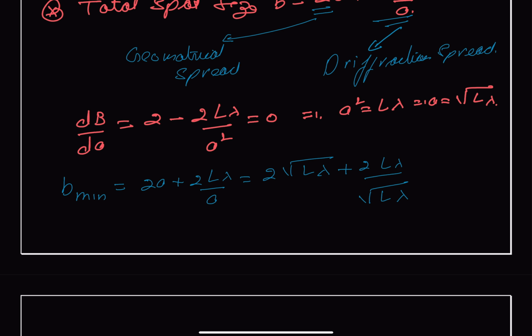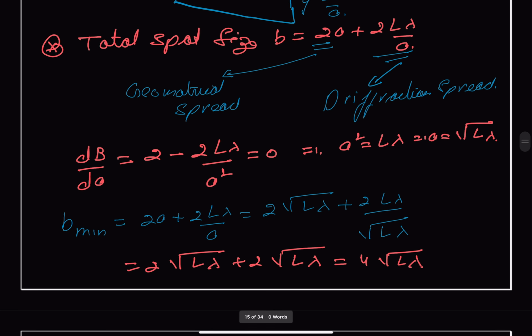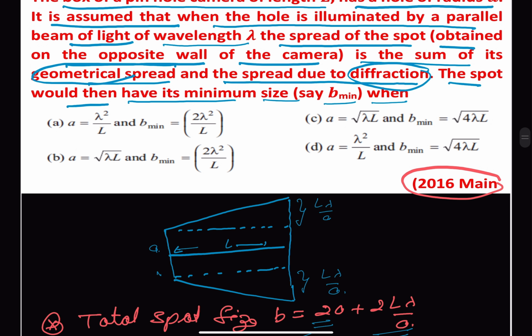We get this as straightforward 2 square root of L lambda plus 2 square root of L lambda. This comes as 4 square root of L lambda. So we got value of B is 4 square root of L lambda and value of A is square root of L lambda. Okay. So therefore we get that option number C is the correct option.